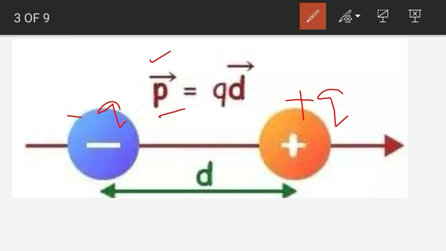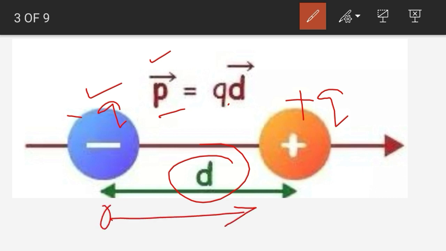It is a vector quantity, that's why p with an overhead arrow, and the magnitude of this electric dipole moment is given by the product of either of the charges, that is q, multiplied by the distance of separation, that is p equals q times d. The direction is always given from the negative charge to the positive charge. So in this case the direction of this dipole moment is from left to right.